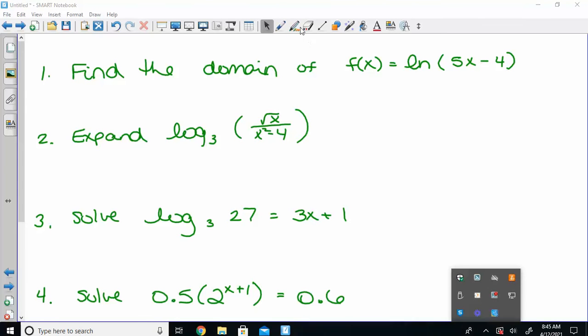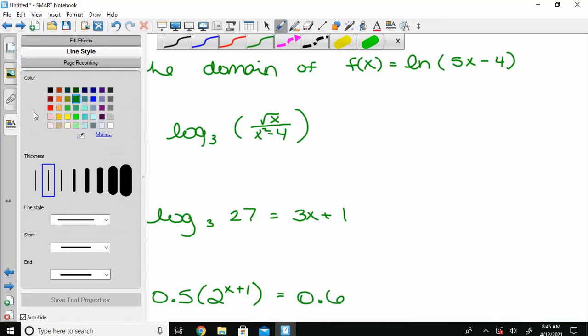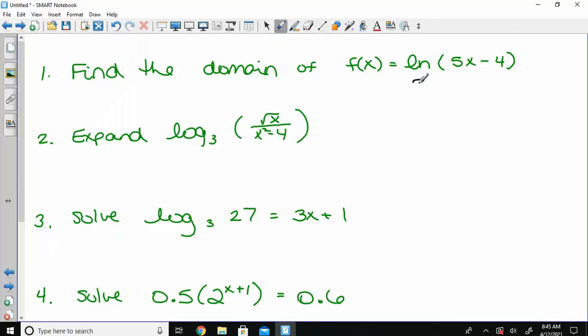The domain on the first one. Greater than 0. So add your 4, divide by 5, so x is greater than 4/5. So our answer would be? Good. Alright, number 2, expand. A square root is like what power? 1/2.